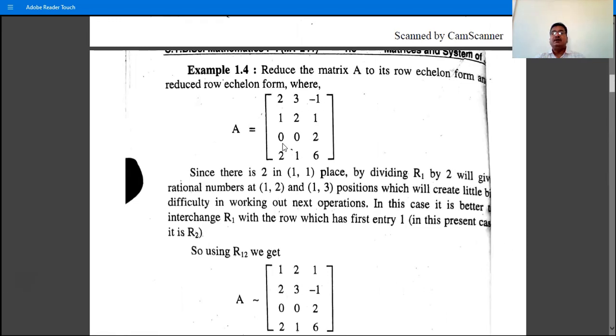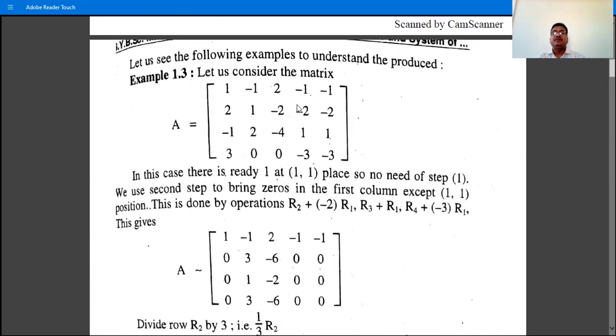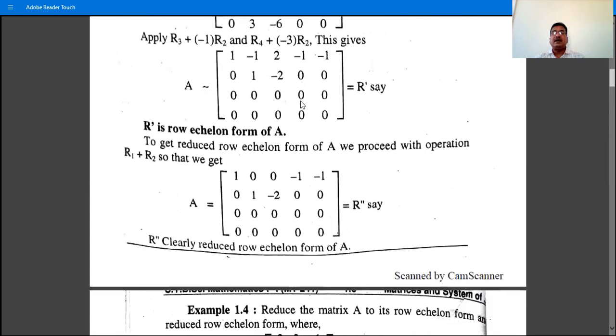If we take an example for rank, suppose this matrix, reduce this matrix to its echelon form. So this is the echelon form of the matrix. How many non-zero rows are in this R dash? This is a non-zero row, this is a non-zero row, while these two rows are zero rows.